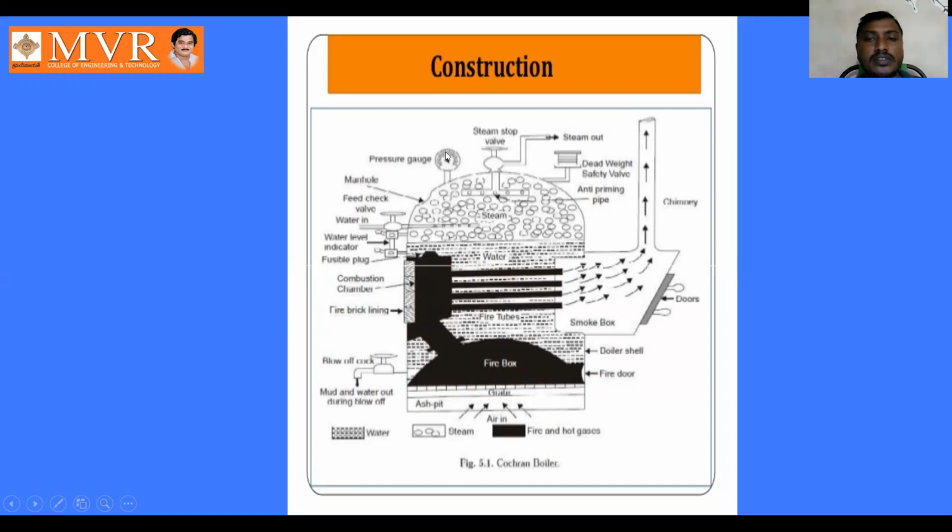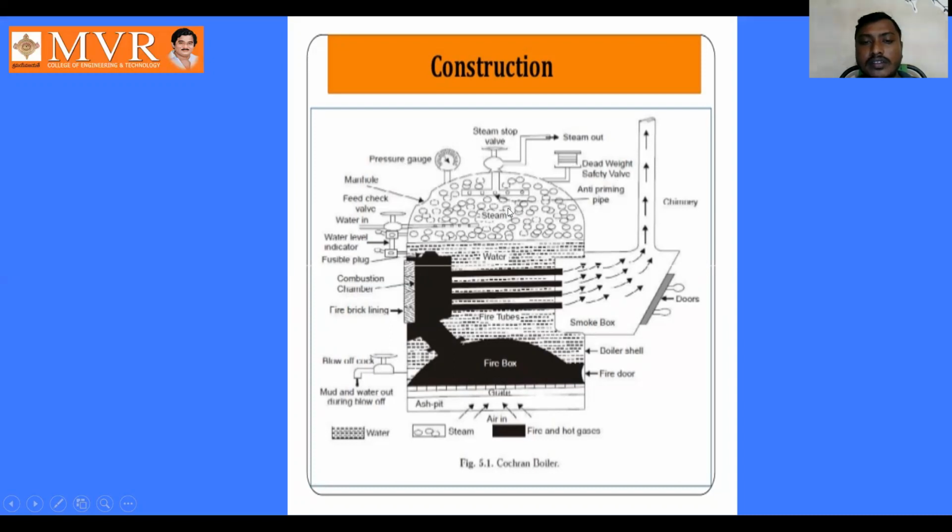This is the pressure gauge, which shows how much pressure is there in the steam. And this is the steam stop valve. The required steam is sent out, and we control the steam by using the steam stop valve. And here we are having the deadweight safety valve, and the anti-priming pipe is here.